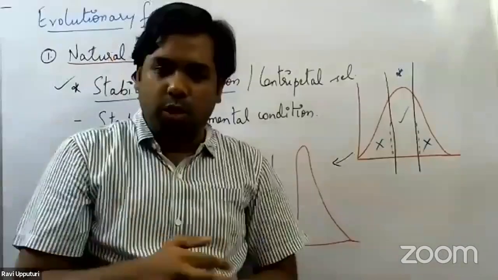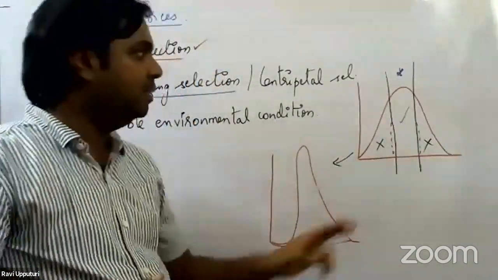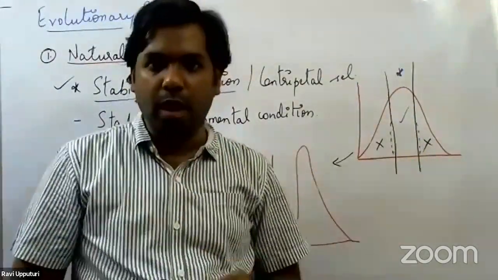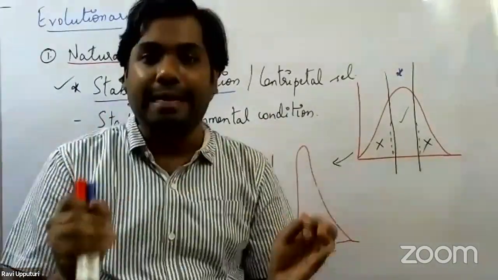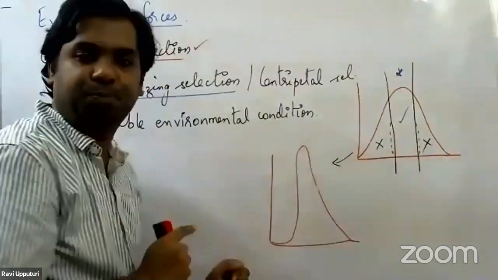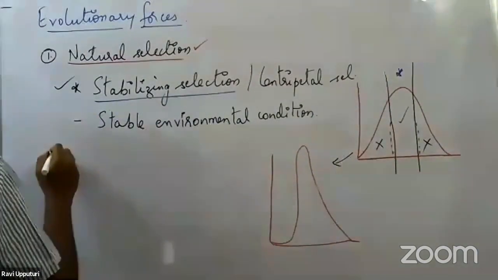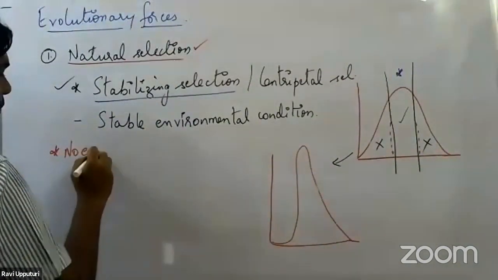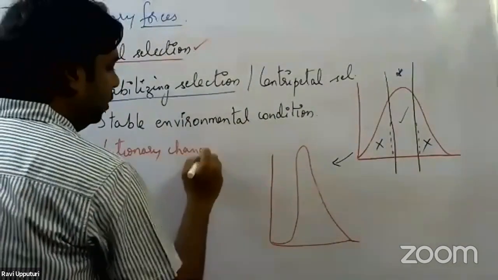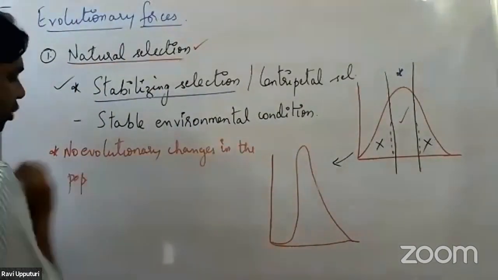Now, one more thing you need to remember with regard to stabilizing selection is, since only organisms which are fit are being selected by nature, there would not be any evolutionary changes in this particular population. Why would there be no evolutionary changes?